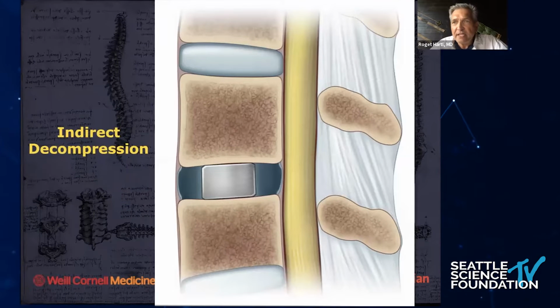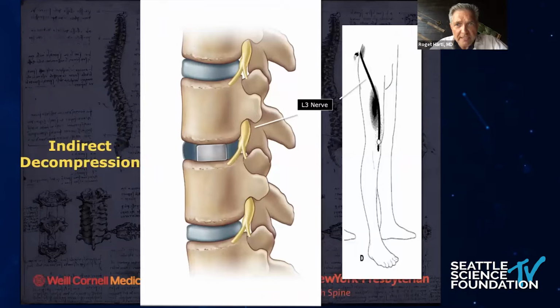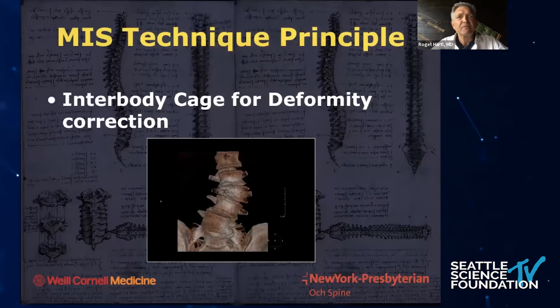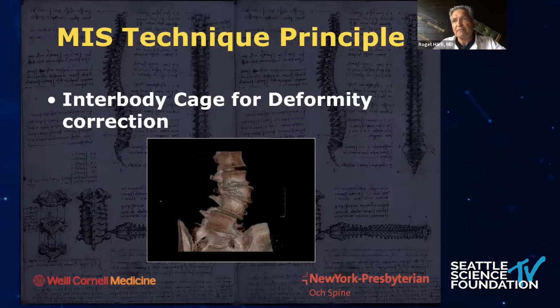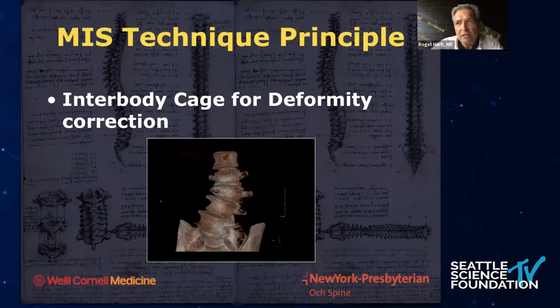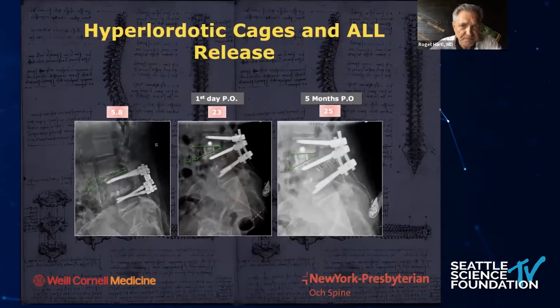Now, the idea behind indirect decompression is pretty well established for certain amounts of lumbar stenosis, for foraminal narrowing. It doesn't work that well for lateral recess stenosis, so you have to keep that in mind. And then obviously over the last years, what really became of interest was lateral surgery for deformity correction. And this is a case we did a number of years ago, adjacent segment disease, with a hyperlordotic cage and ALL release.